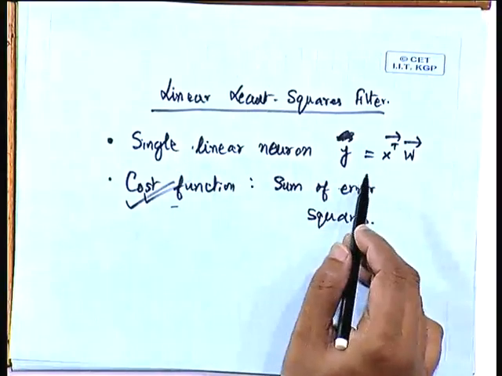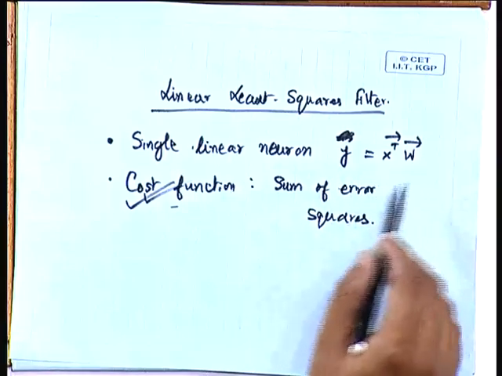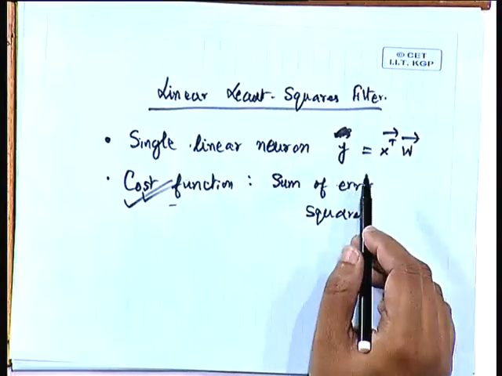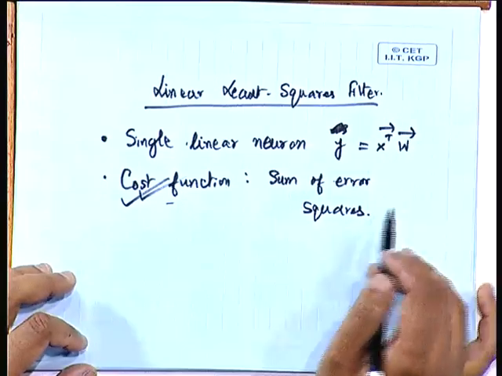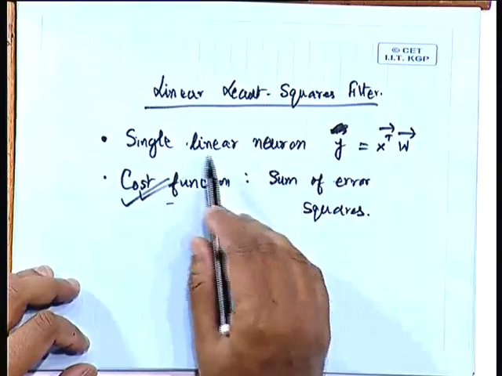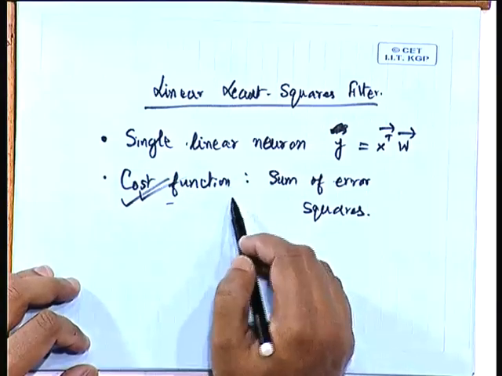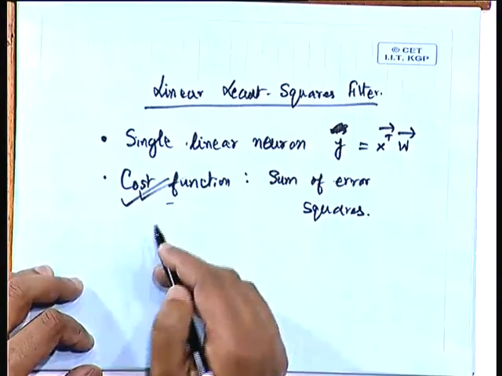We temporarily forgot about neural networks, but when we are designing a linear least square filter, we are going to consider a single linear neuron, where we are going to make use of this expression, because it is linear. So, the linear least square filter will use both the single linear neuron as well as a cost function of this nature.